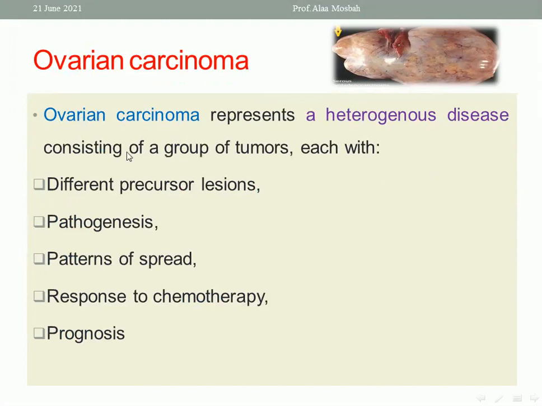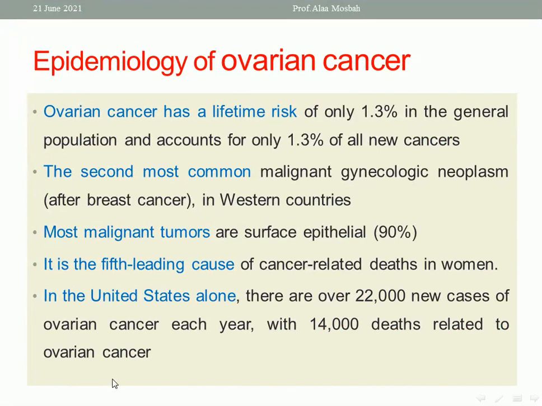So we can consider ovarian carcinoma a heterogeneous disease consisting of a group of tumors, each with a different precursor lesion, pathogenesis, pattern of spread, response to chemotherapy, and prognosis. What is the epidemiology of ovarian cancer?